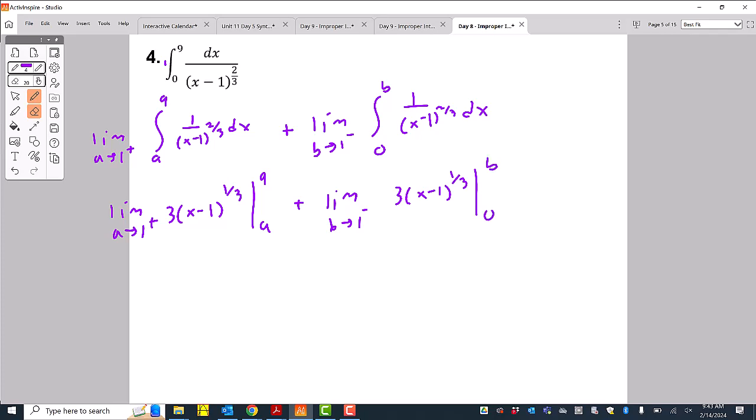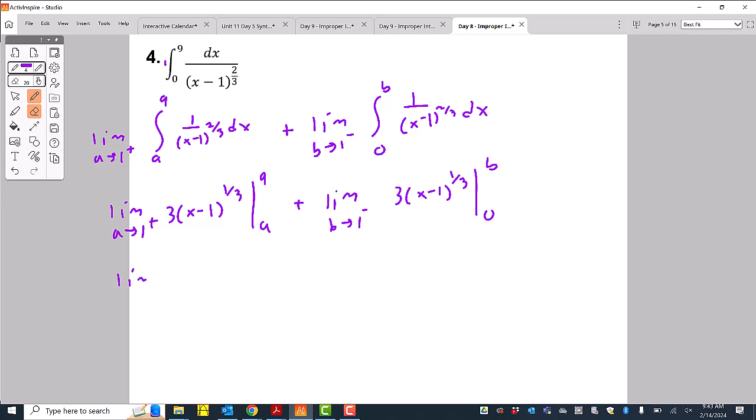And we'll do both of these limits. One thing we'll see in the next problem is that if the limit is not finite, we say it diverges. And in one of these where we have to split it, if even one of these limits is infinity, then the whole thing diverges.